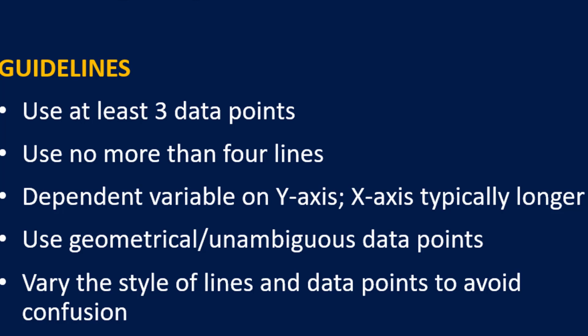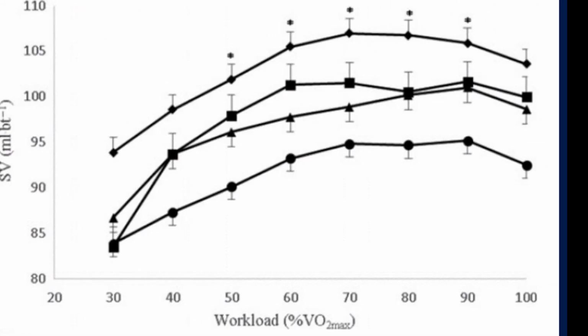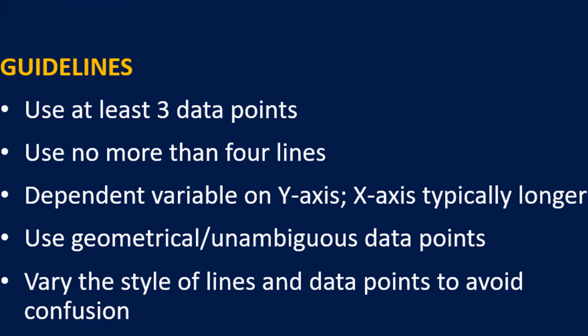So if you look at the top graph, you can see that each line has got a different shape, and you can also see that the asterisks have been used because they're denoting there must be some significant difference. And then make sure that you use not only unambiguous shapes, the geometric shapes, but make sure they are different so that it's obvious that you can see the difference between them.